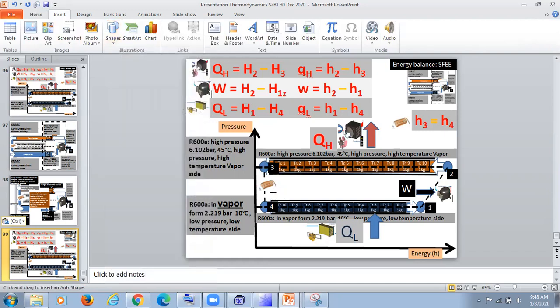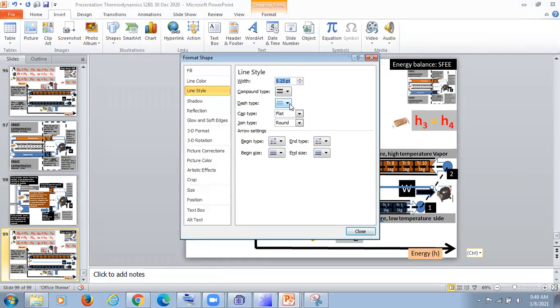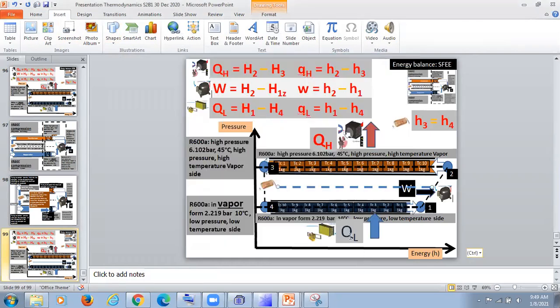These two components are responsible for the high pressure and low pressure sides. I have explained this in different ways now. Okay, so that's all about this.